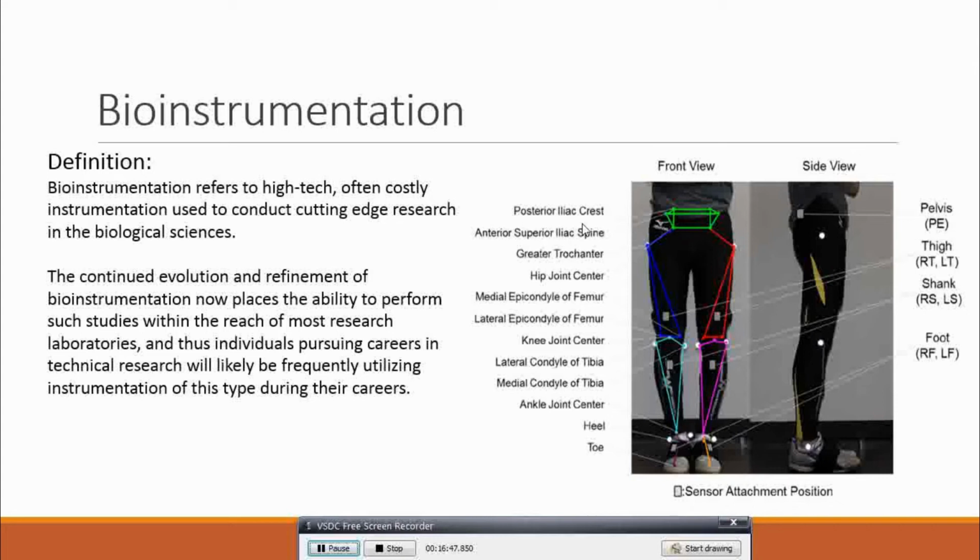Then here they have posterior, anterior, front view, side view, and down below there are sensor attachment positions. You can see these are the sensors equipped or attached onto the human body.